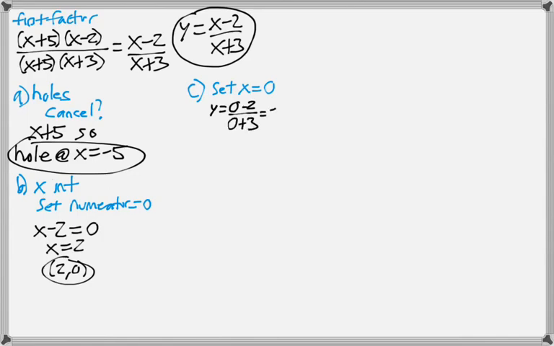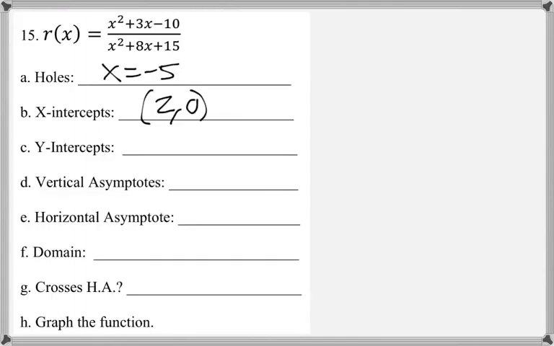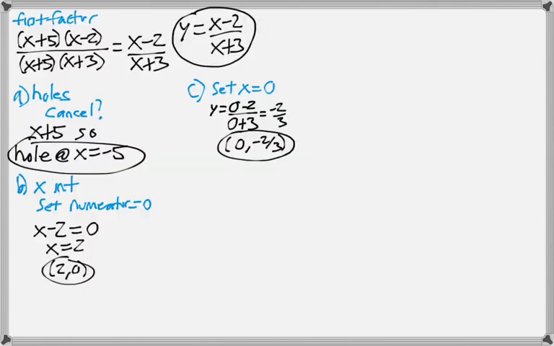And that's equal to negative 2/3. So this will be (0, negative 2/3). Are we halfway done yet? No. Okay.